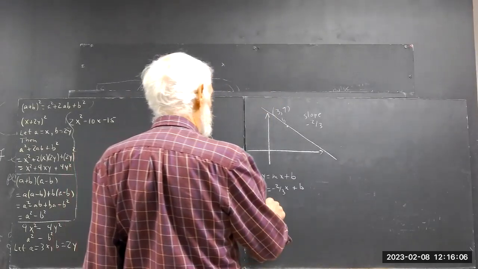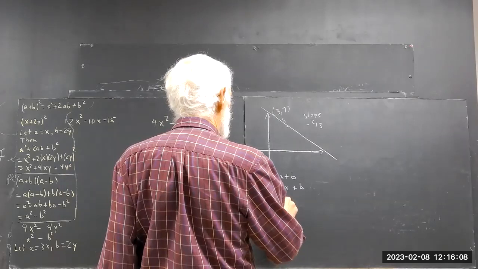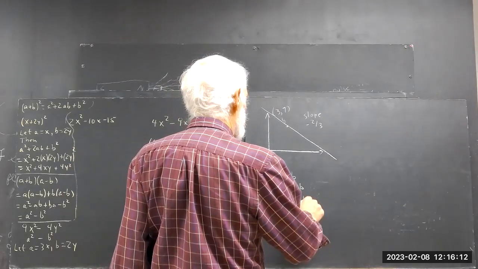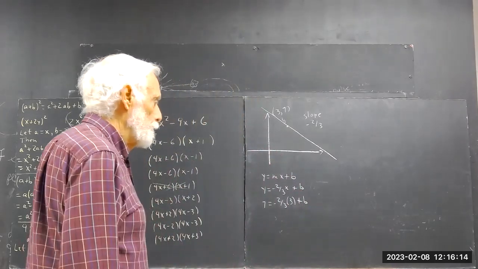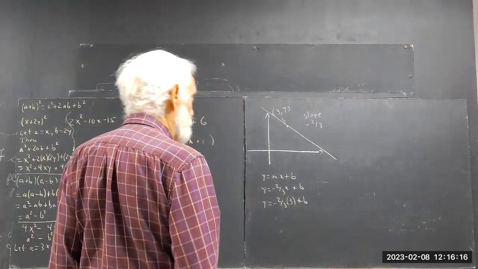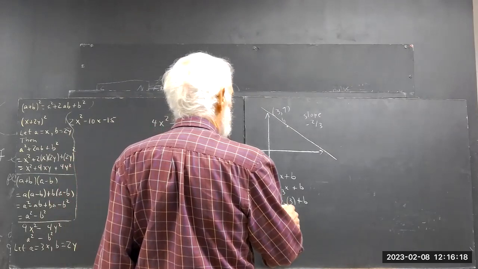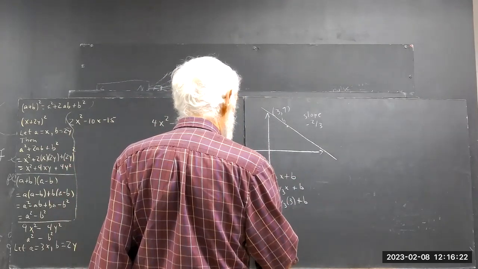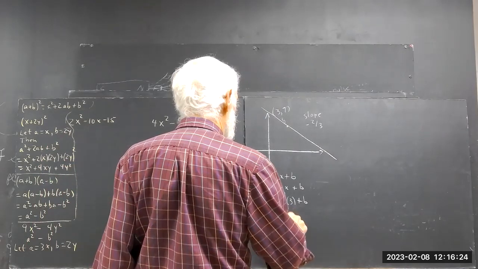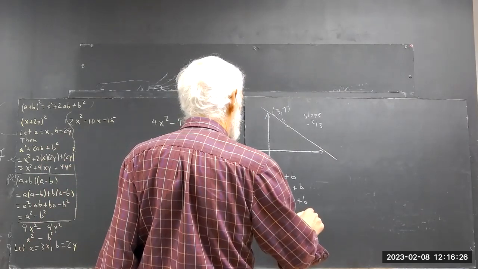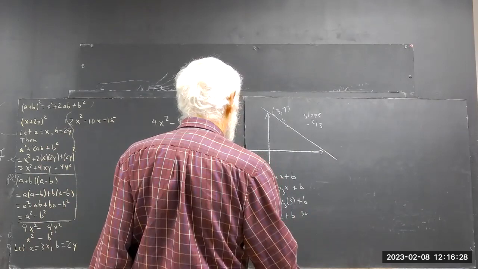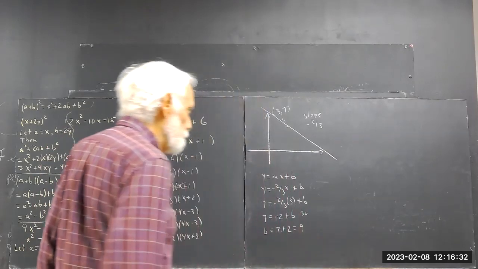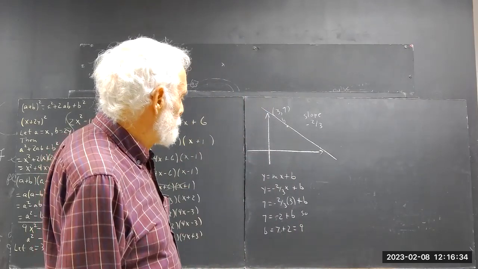So we can write 7 equals -2/3 of 3 plus b. Well, -2/3 times 3/1, the 3 will divide out. We get 7 equals -2 plus b. So b equals 7 plus 2, which is 9.